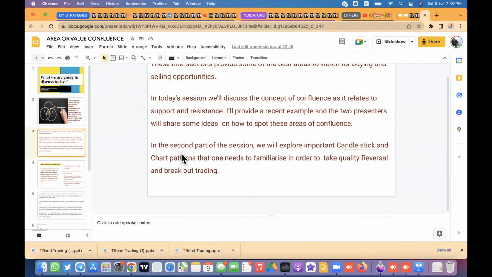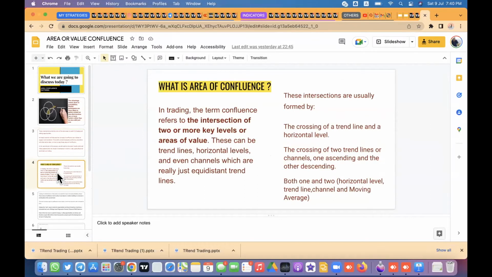In the second part, when we talk about confluence, there are 5 areas which I will go to. This is about the crossing. Now, in our terminology in trading, how we interpret this: people trade on, let us say, support and resistance levels.